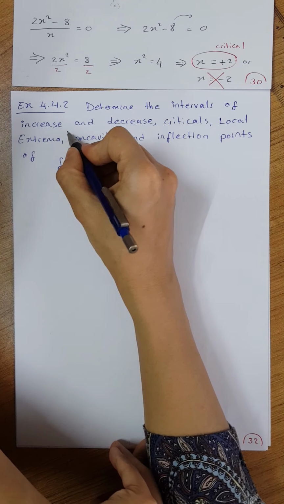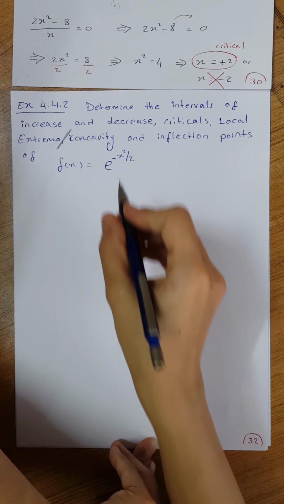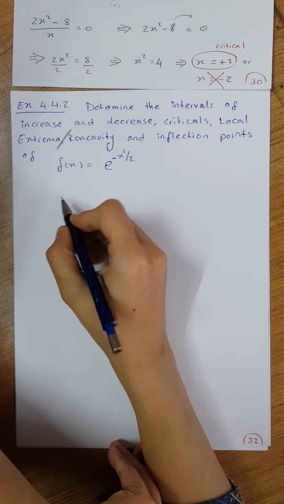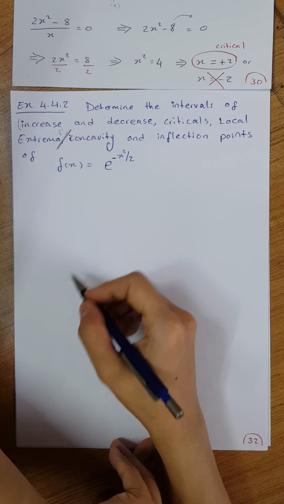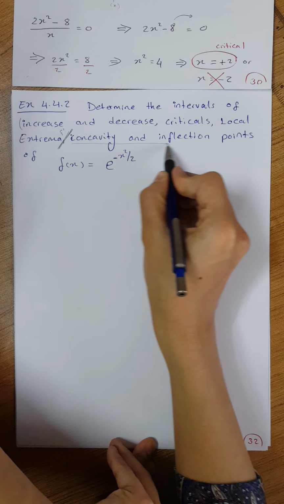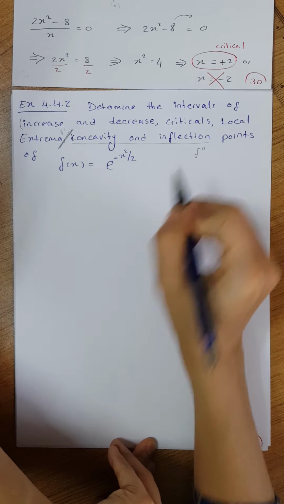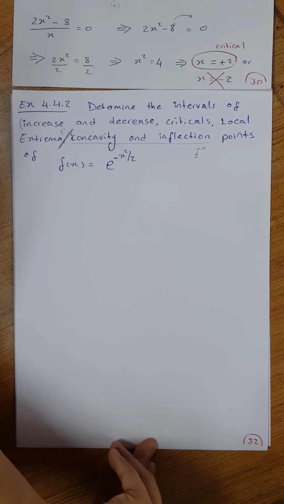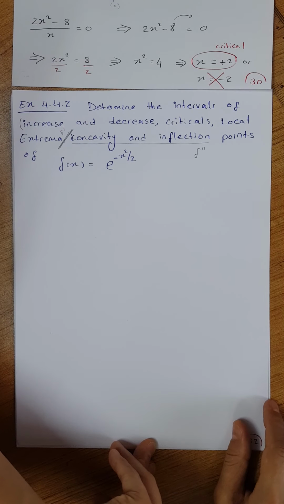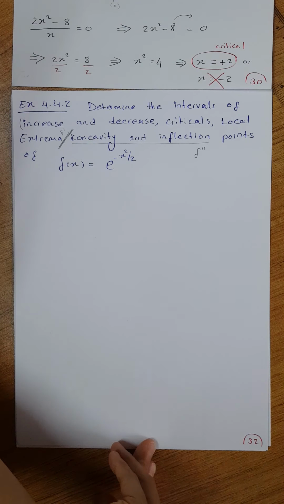Again, till local extrema, we are using what? The first derivative of the function. From here to local extrema, we are using the first derivative. For concavity and inflection points, we are using the second derivative. If you keep in mind those things, you can make very few mistakes while you're solving those kinds of questions.